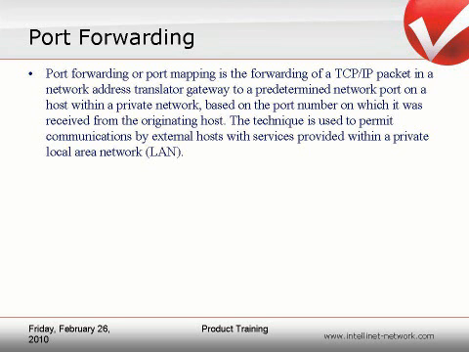In other words, if you have a network device located on your local area network and you wish to share that device with others through TCP/IP protocol outside of your local area network, you must configure port forwarding on your router device.